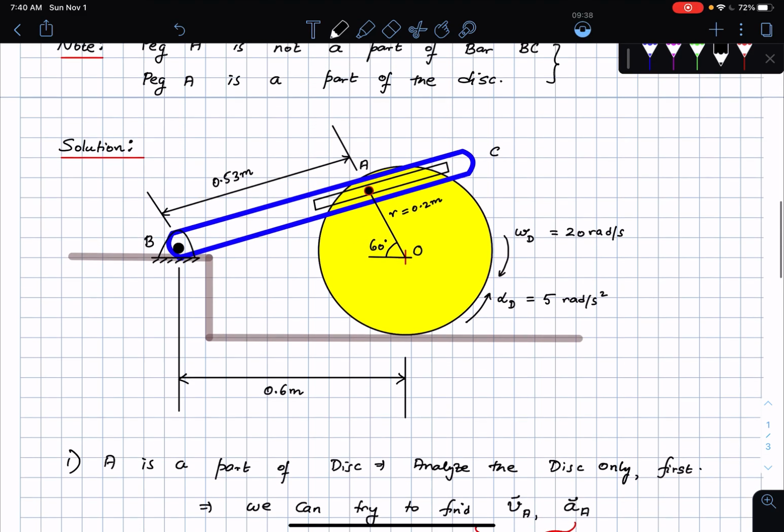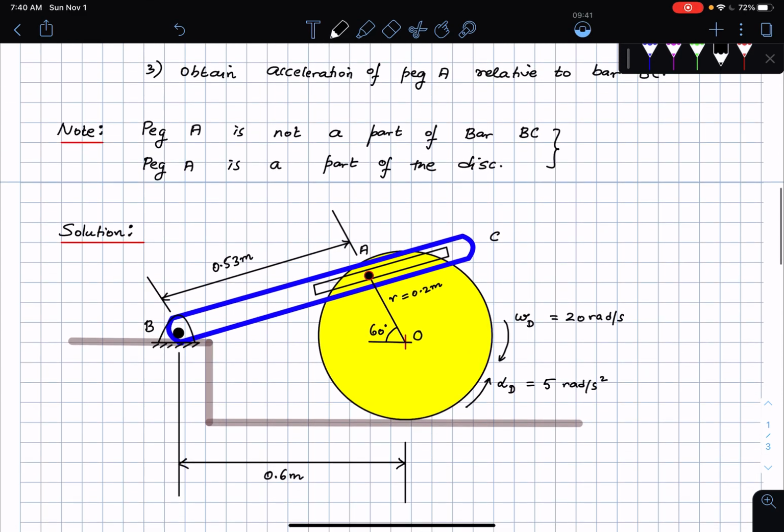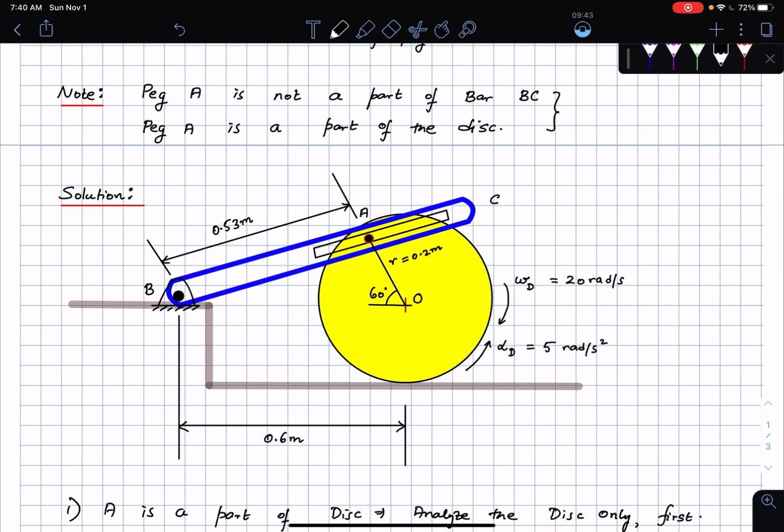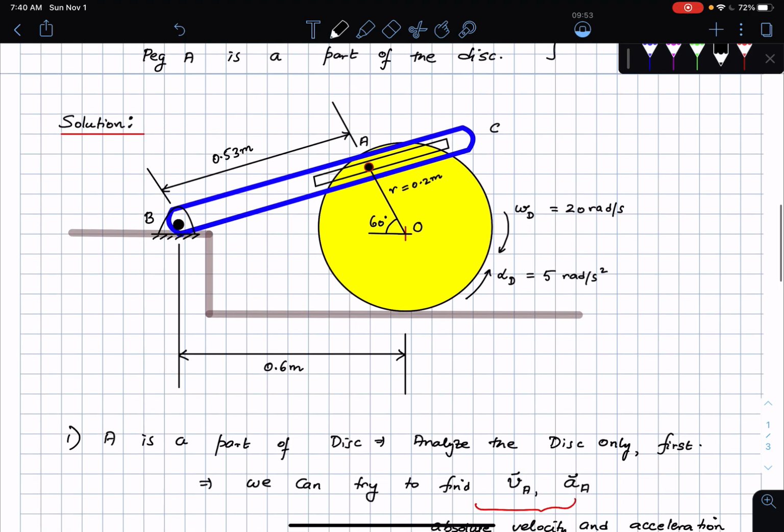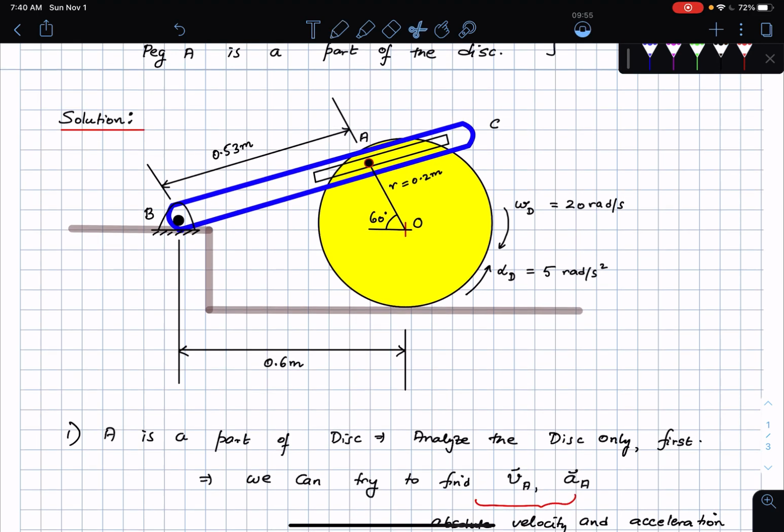Something you can see in this problem is that the distance between point O and A remains fixed. The distance between point A and B is not fixed, as you can see, because A is not a part of the bar BC. So let's write this down. Let me just take the disk only, and hopefully I'm able to capture everything.